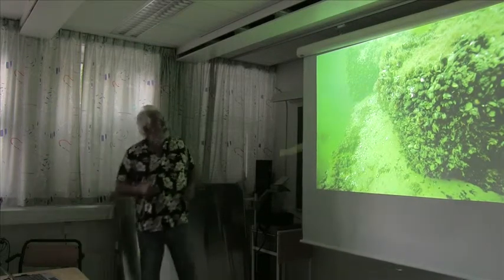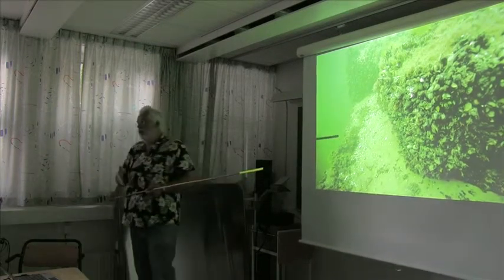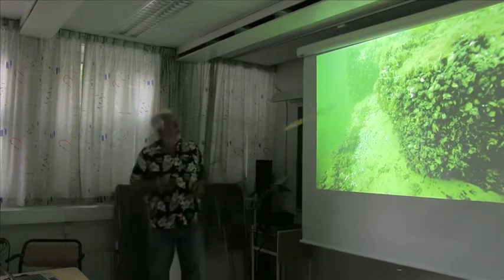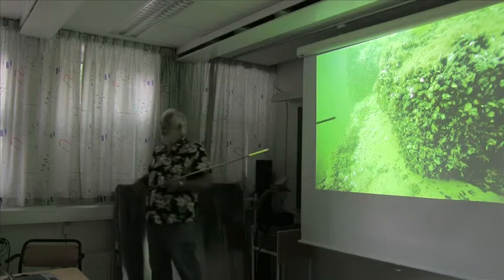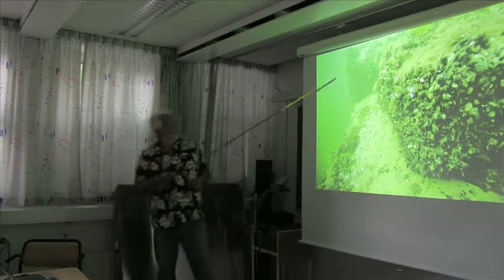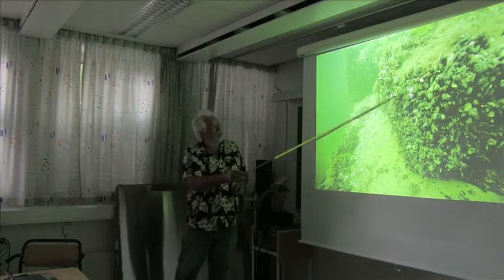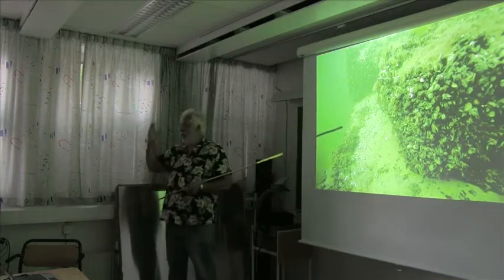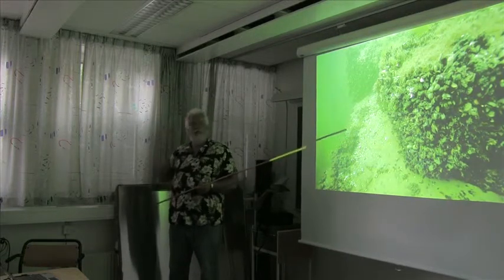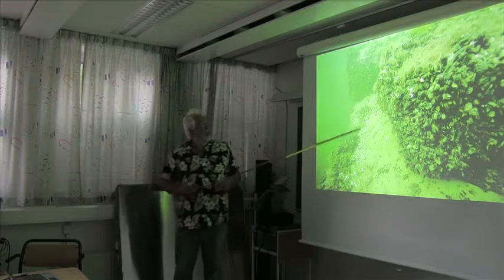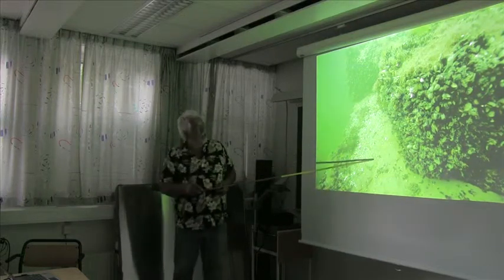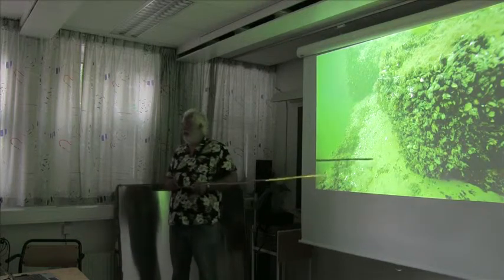This picture shows how it can look. This is on a vertical wall in a really shallow area. On the vertical wall, sedimentation is no issue because it will just drop by. And on these vertical faces Mytilus can sit, and there is really a lot of Mytilus. But on all more or less horizontal areas, the sedimentation is so high that they can't sit.